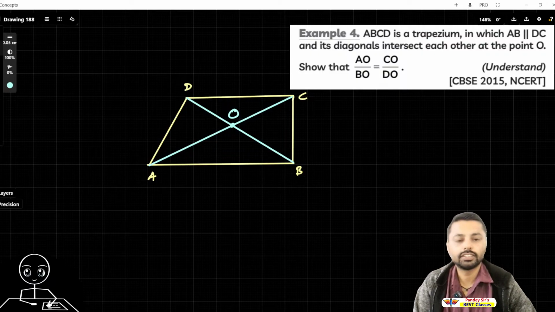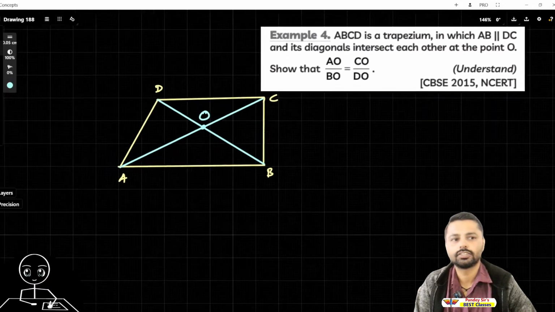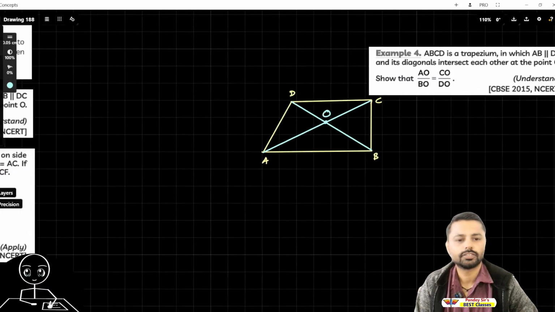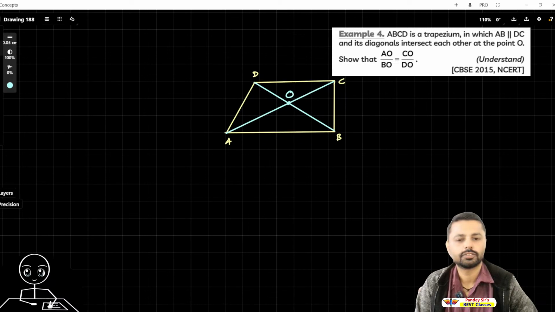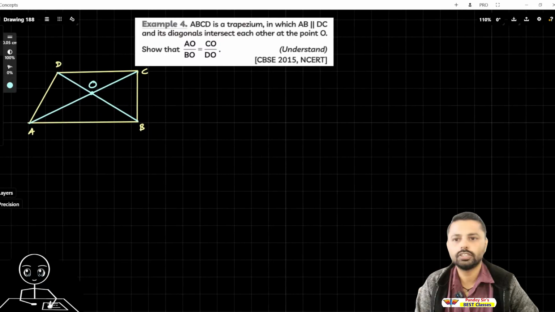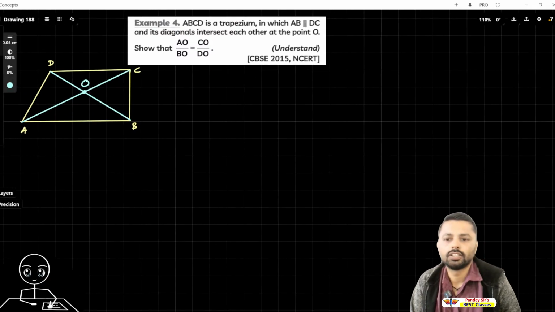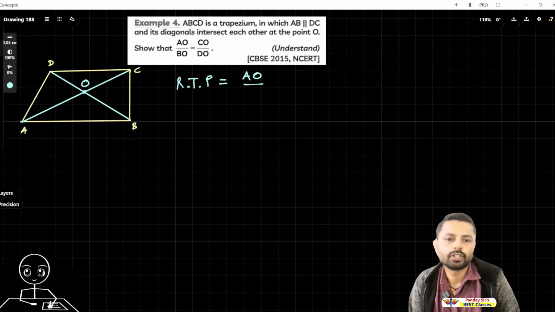That's quite a tricky question. So here I'm going to do it. Required to prove AO by BO equal to CO by DO.